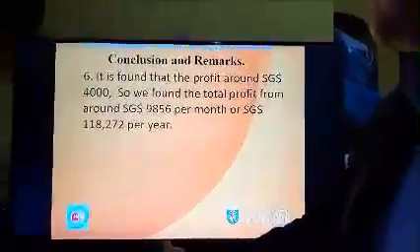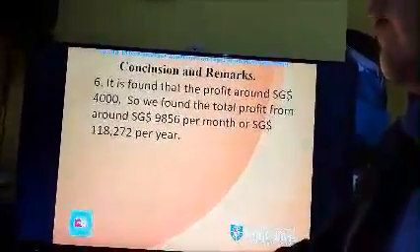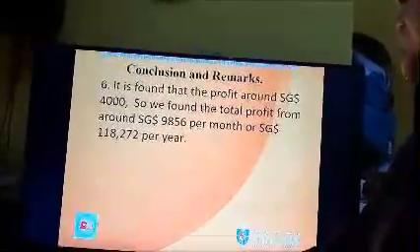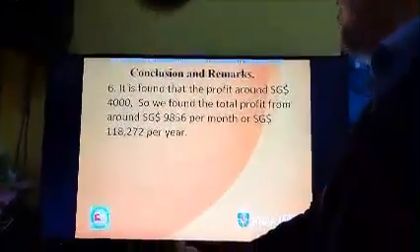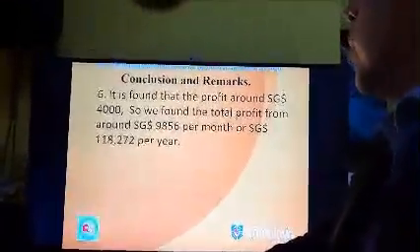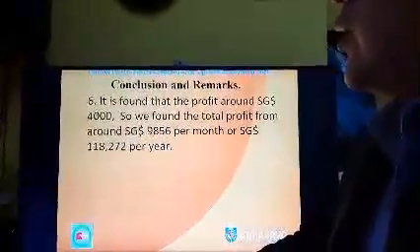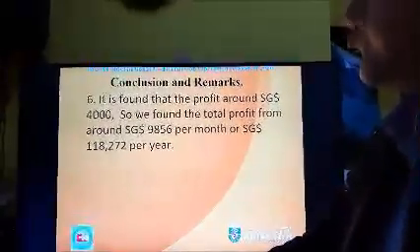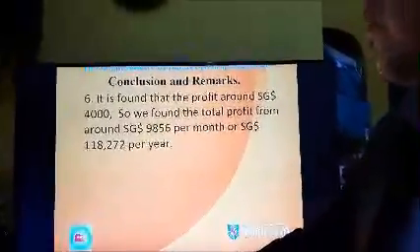It is found that the profit around 5,000 Singapore dollars. So we found the total profit around 9,856 Singapore dollar per month. So will be accumulated into the 118,272 Singapore dollar per year.